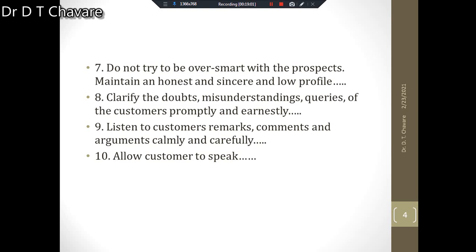Then clarity is also there. You should clarify the doubts, misunderstandings and queries of the customers promptly and carefully, promptly and earnestly. Then listen to the customer's remarks. When the customer is giving an opinion about the product, you should listen to the customer's remarks, comments and arguments calmly and carefully.